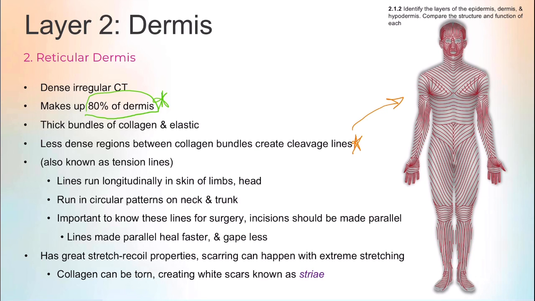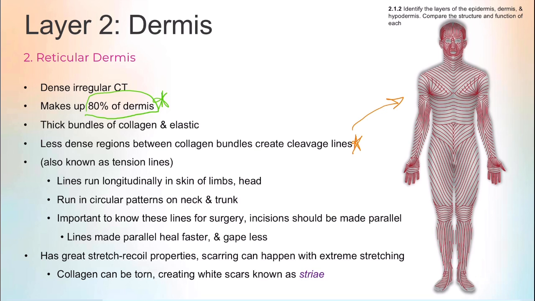We want to ensure that we are cutting along those cleavage lines. So when you have a surgery, a doctor will typically try to map out a region to cut, and they are not just drawing on you, they are actually trying to follow some of those natural areas where that tissue is going to fold or lie in between.